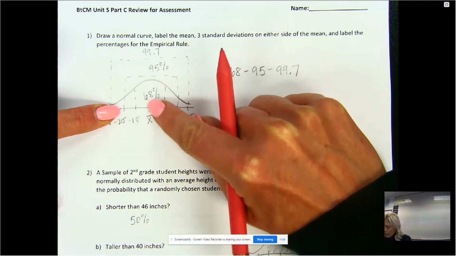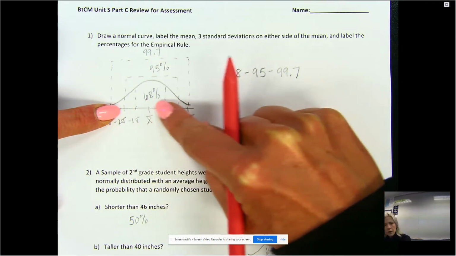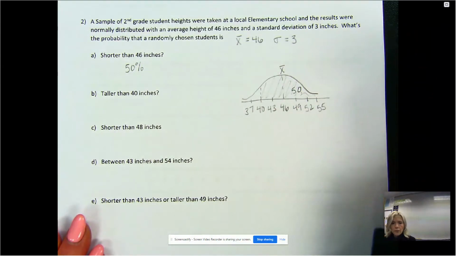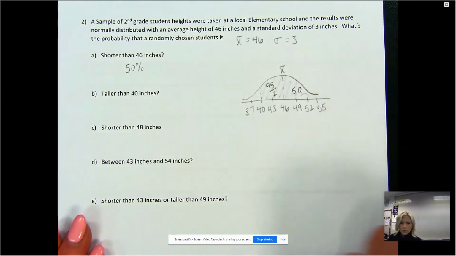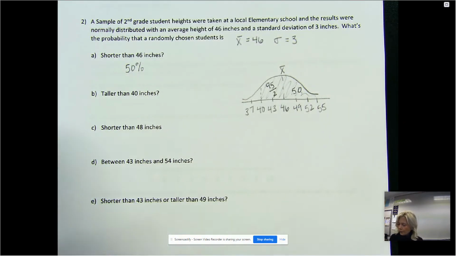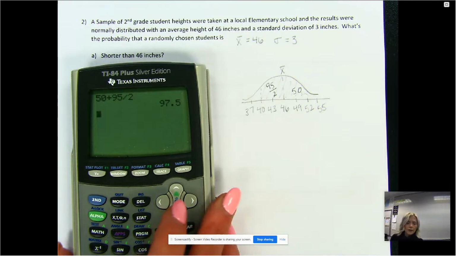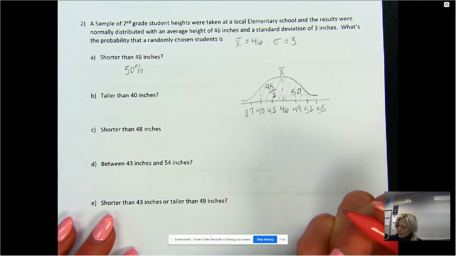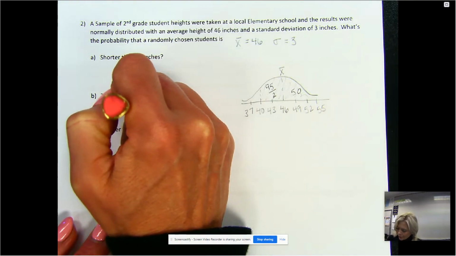So right in the middle, this part would be half of 95%, and this part would be the other half of 95%. So the part that we're looking for right here is going to be half of 95%, so 95 divided by 2. So 50 plus 95 divided by 2 is 97.5. So 97.5% would be taller than 40 inches.